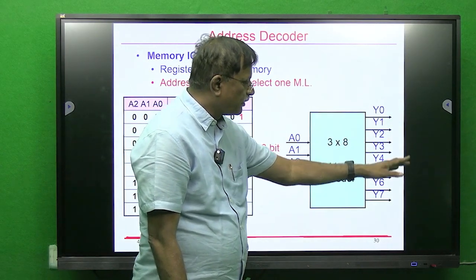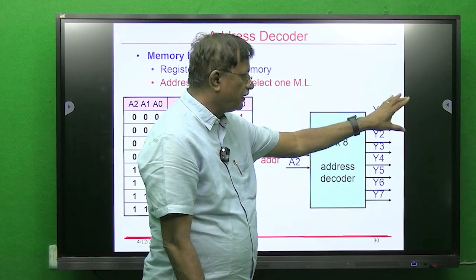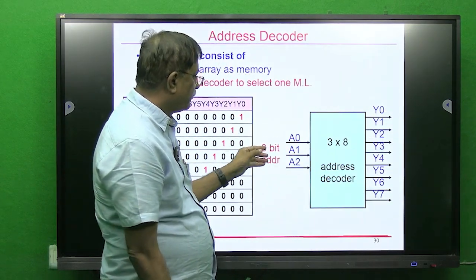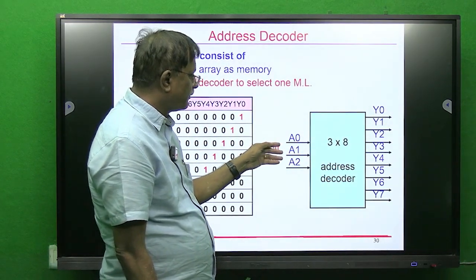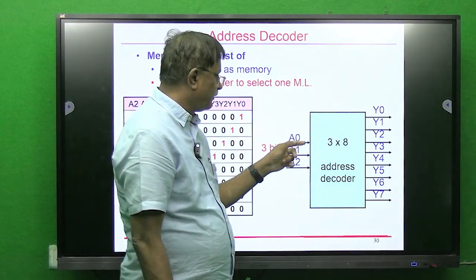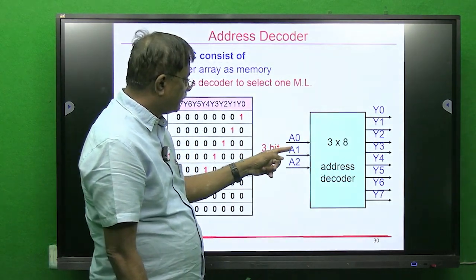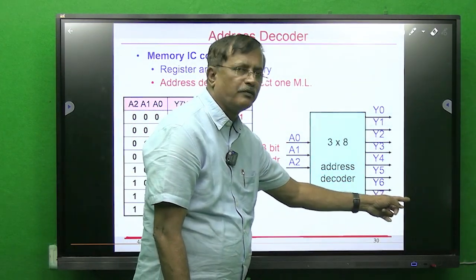So there are 8 memory locations. For selection of 1 out of those 8 memory locations, you will give a 3-bit address, which will be unique. With 000, the first location will be selected. If it is 001, then the next location will be selected. If it is 111, then the last location will be selected.